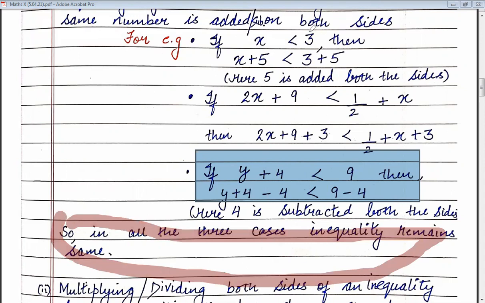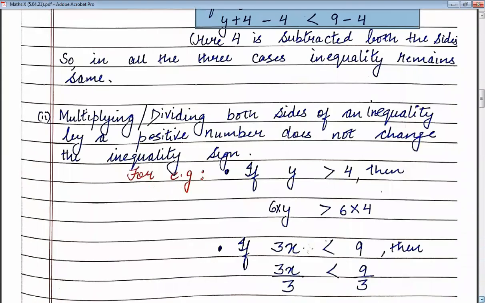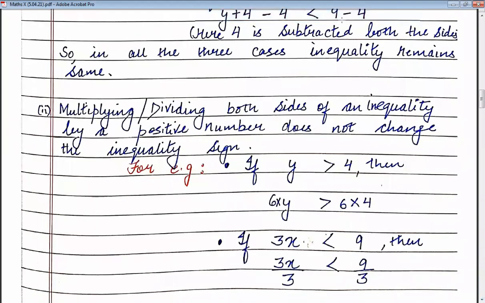Okay, students, let's move on to the second thing, that is multiplication and division. Now, children, your multiplication and division is again the same. If you are multiplying or dividing your inequality by a positive number, then your inequality again remains the same. Now children, have a look. You have inequality y greater than 4.